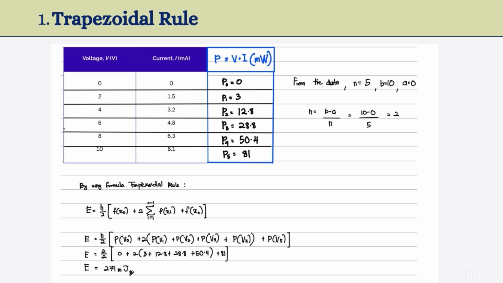By using the formula b minus a over n, we will get h. This h we will use in the trapezoidal rule, which is here. They have a formula for the trapezoidal rule, and we key in each power we calculated before, and the answer we will get is 271 millijoule.